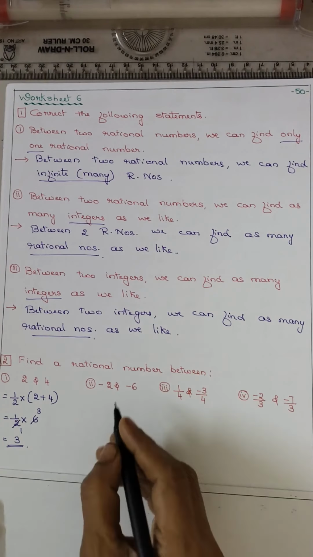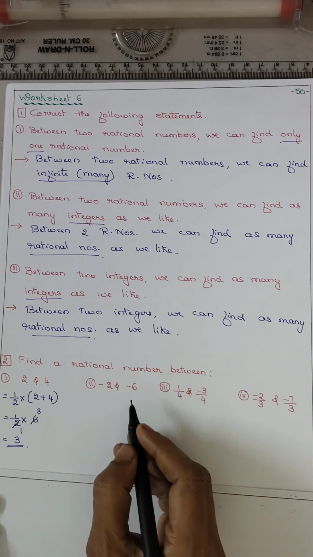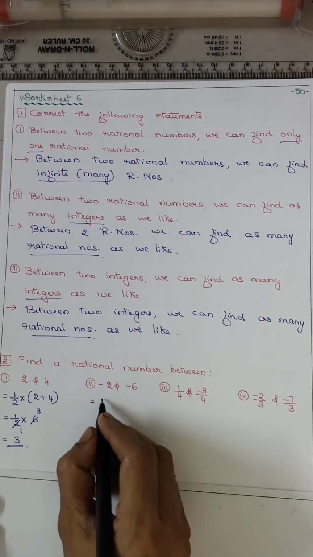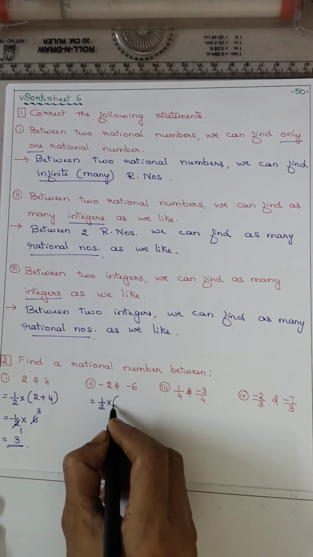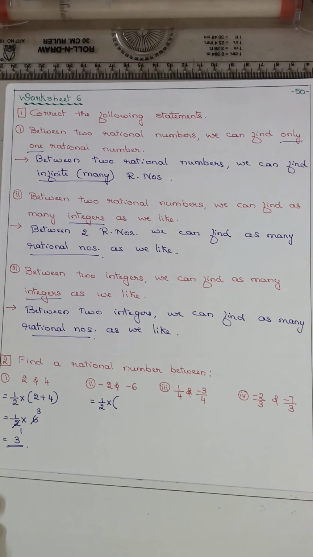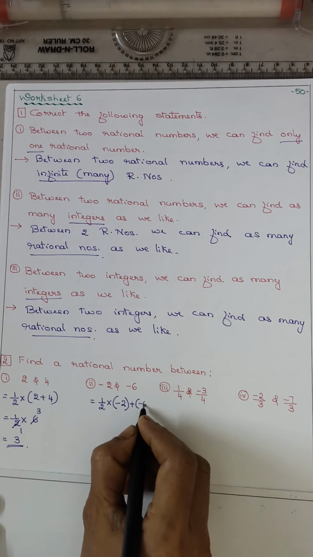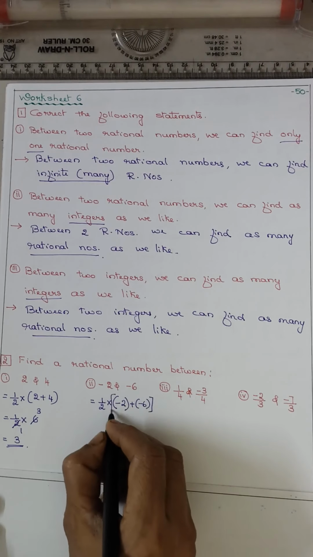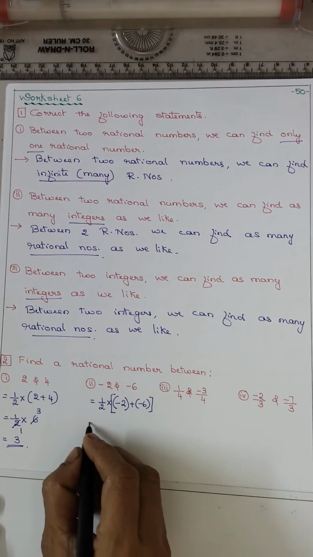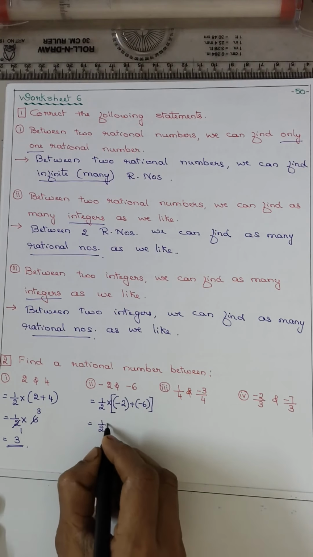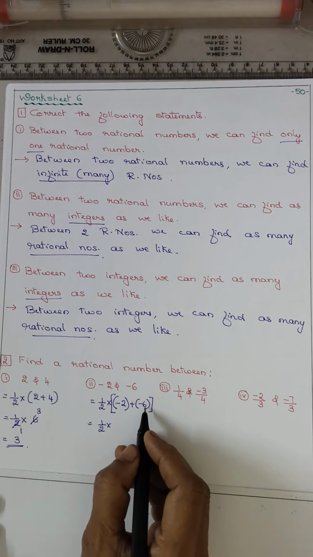You know. Now minus 2 and minus 6. So for this, half into minus 2 plus minus 6. Put extra bracket. So half into minus 2 minus 6.